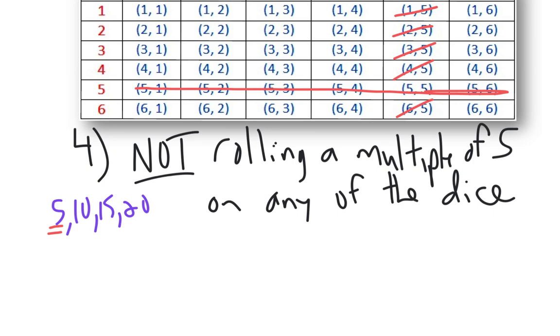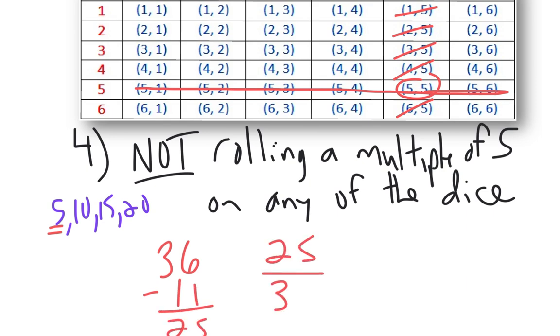We crossed out 6 things across and 6 down, but one of them, the 5, we did twice, so we can't count that twice. So we really didn't cross out 12 things, we crossed out 11 things. So we had 36, we crossed out 11, that means that's going to leave us 25. So 25 out of 36 chance of that happening.